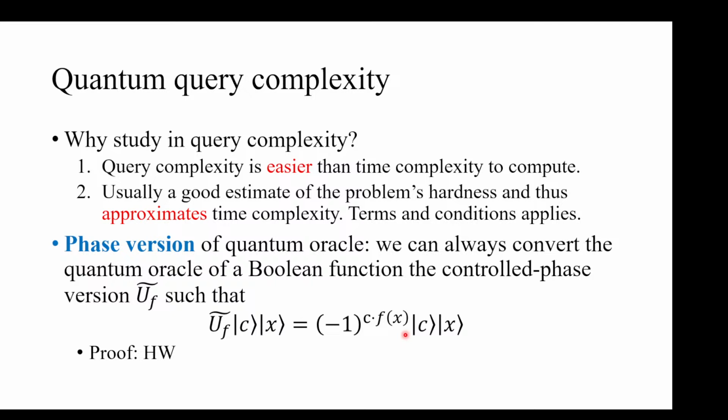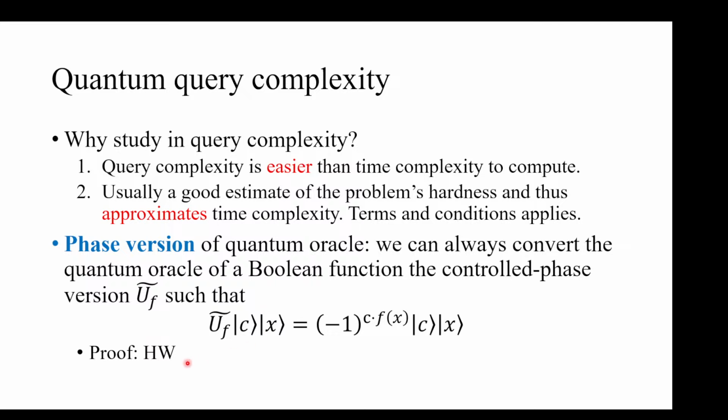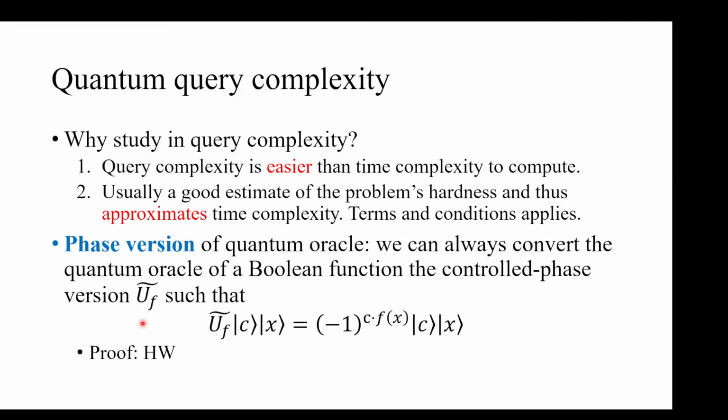Okay. So yeah, and I think you will prove in your homework that the phase version of the oracle can be controlled from the standard version of the oracle, and actually you are going to show that they are equivalent. So you can control the phase version of the oracle by having one query to the standard version, and so I guess that's right here.